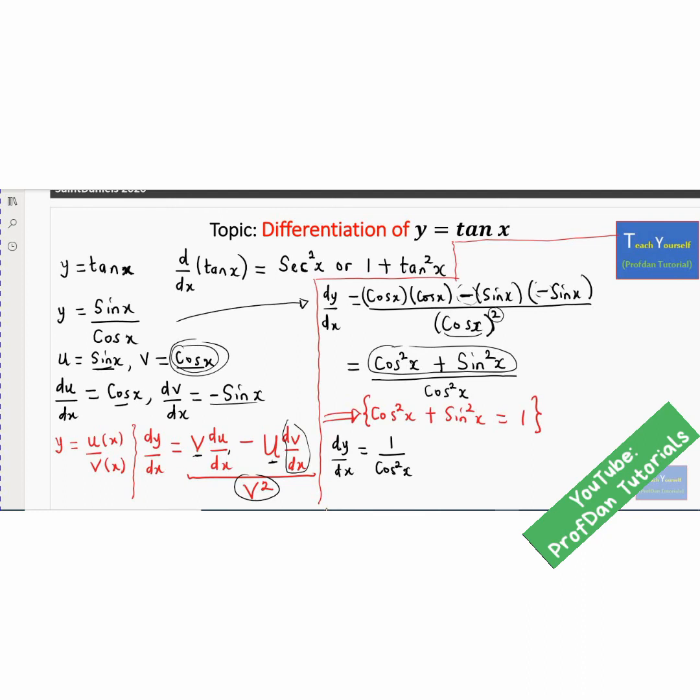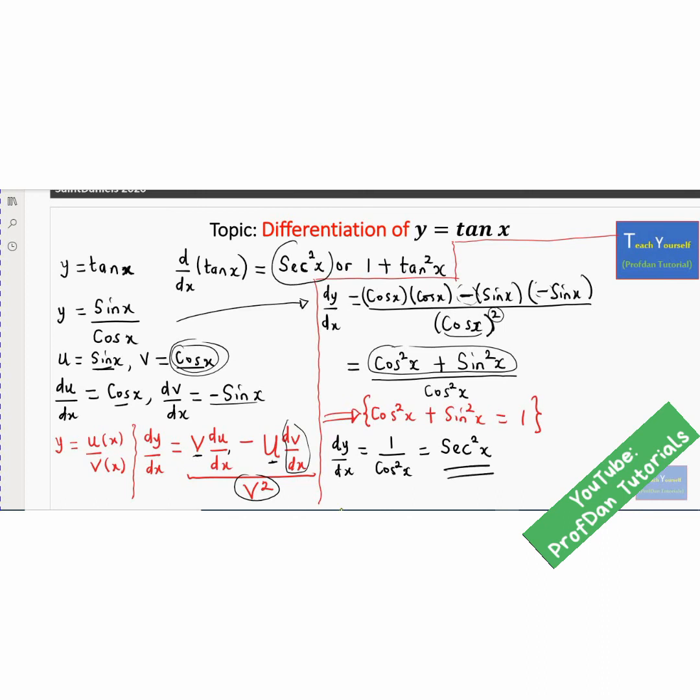And the inverse of a cosine function is what gives a secant function. So this is sec squared x, which is our first proof.